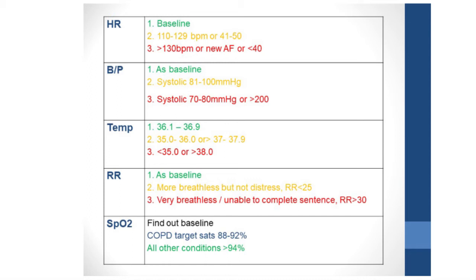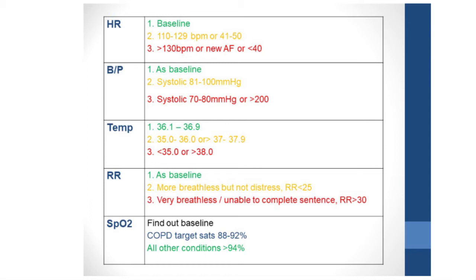So looking at respiratory rate, a normal respiratory rate is 12 to 20. However, just be mindful that if somebody does have a respiratory diagnosis, their normal respiratory rate may sit slightly higher than this.